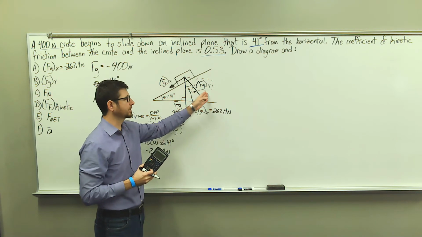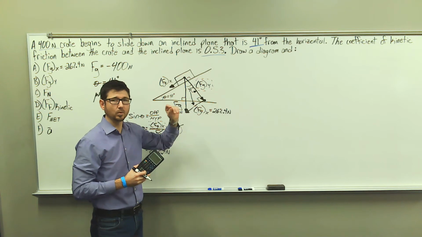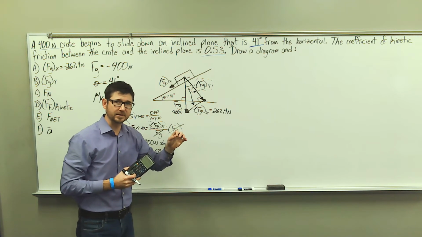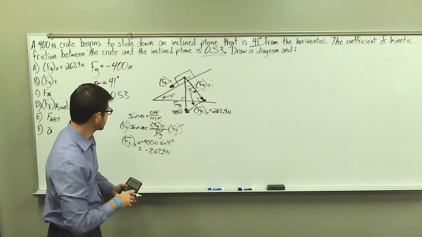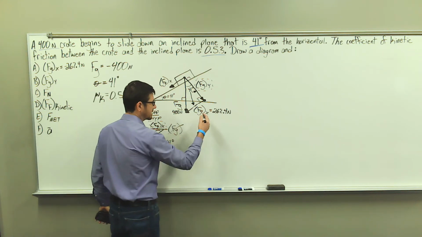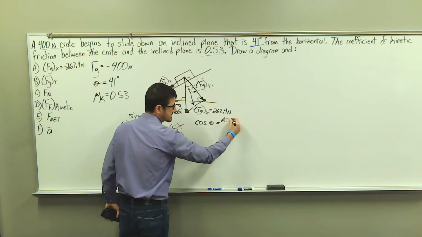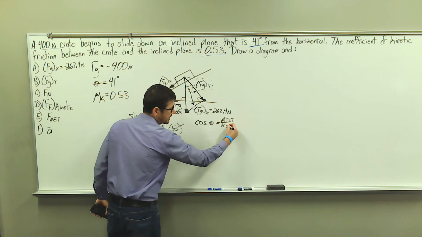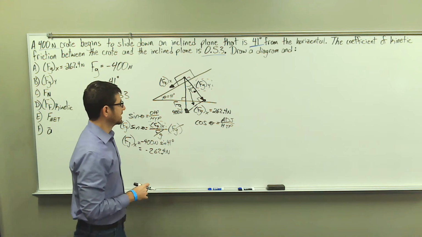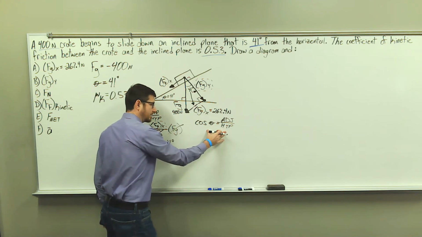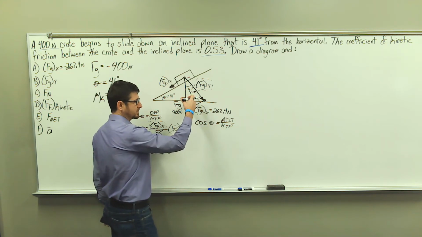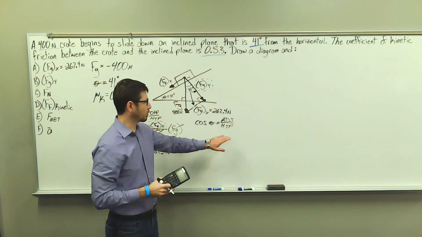So since we're looking for the adjacent side length, we're going to be using the trigonometric function cosine. So what I have here is cosine theta is equal to the adjacent side length divided by the hypotenuse side length.